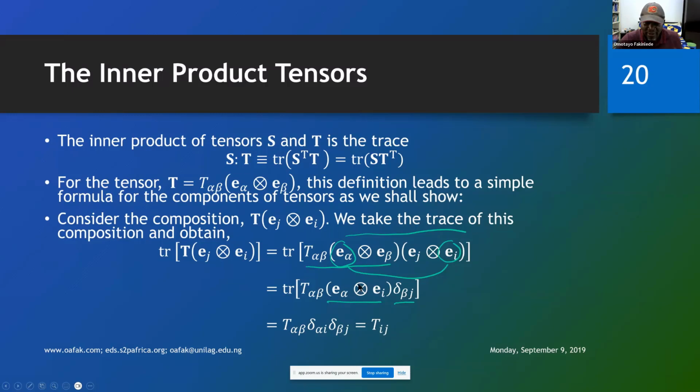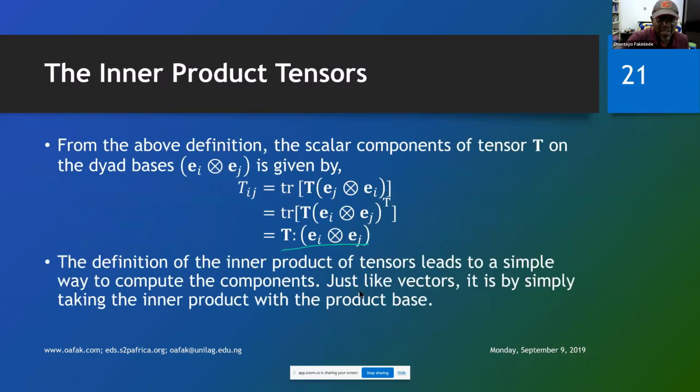The trace of E alpha, the trace of a dyad. I don't think we've established that the trace of a dyad is simply to change the circle times there to a dot. And because we've not expressed that, I'm just wondering whether we shouldn't stop it here. Let me just see.